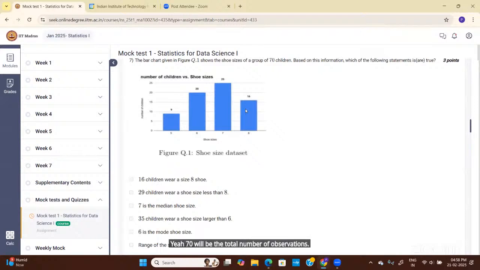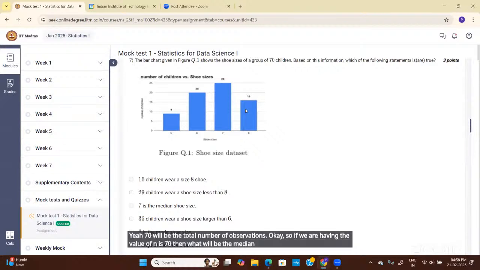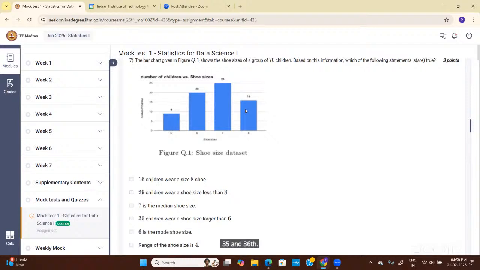If n is 70, then what will be the median? It is the mean of the 35th and 36th observations.